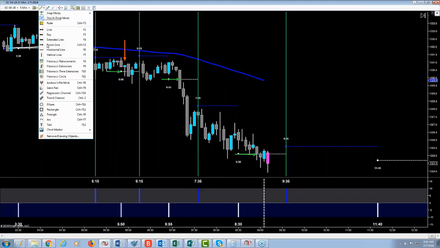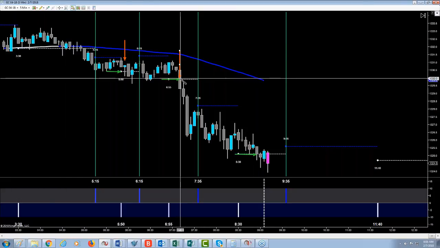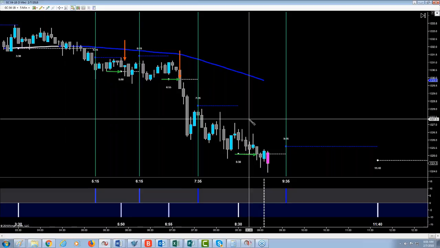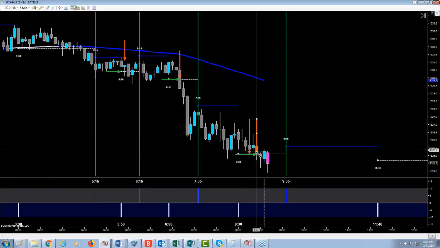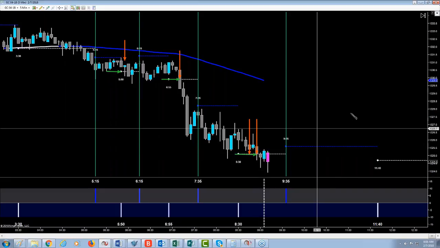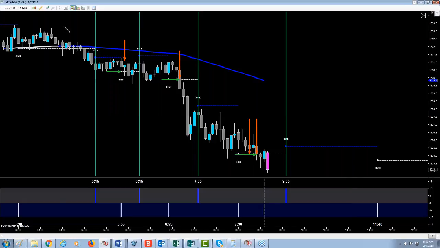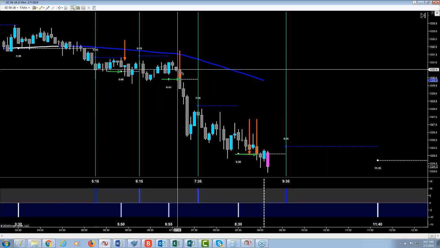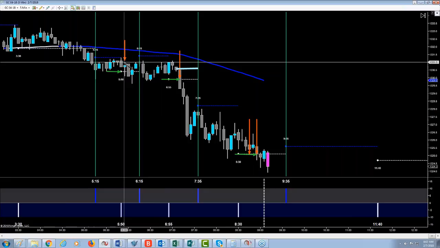So I'm going to draw those arrows here where those punctures occurred. Sometimes it happens twice. There's a double stab. And generally what I'll do is I'll put the stop of that short, or the long if it's in the other direction, just above the puncture candle.